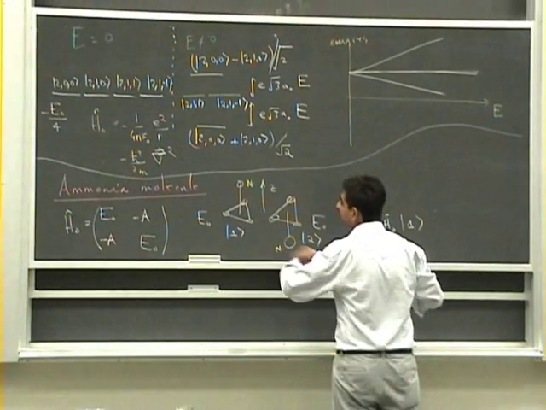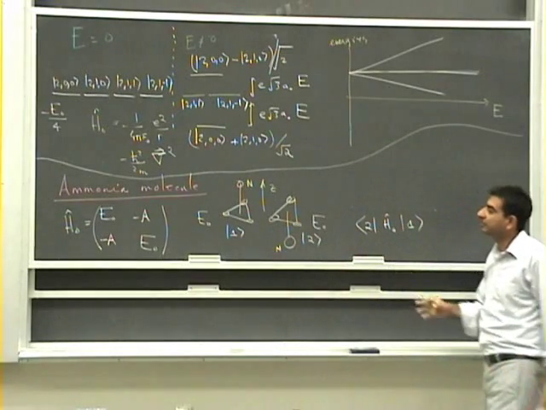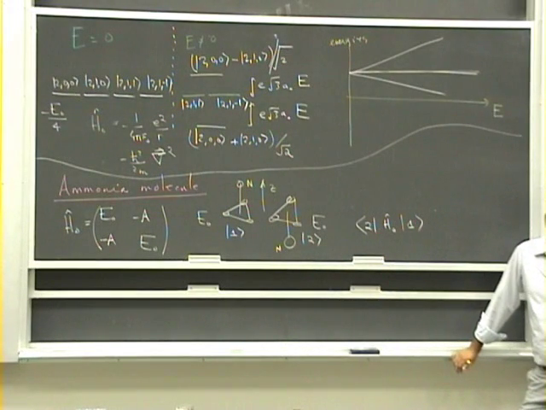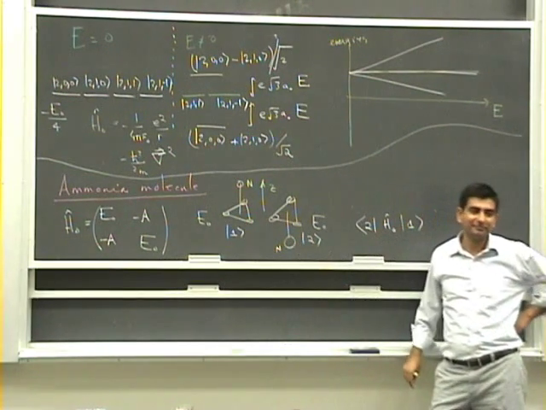But first, before applying the electric field, what are the eigenstates? We have to find out the eigenstates. Those eigenstates will turn out to be superpositions of Ket 1 and Ket 2.